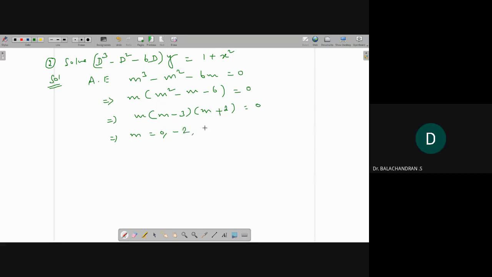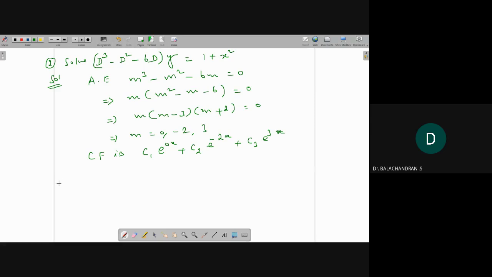So the CF is C1 into e power 0x plus C2 into e power minus 2x plus C3 into e power 3x. Okay, so we got the complementary function.